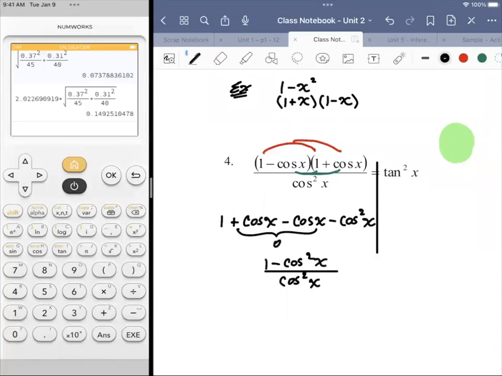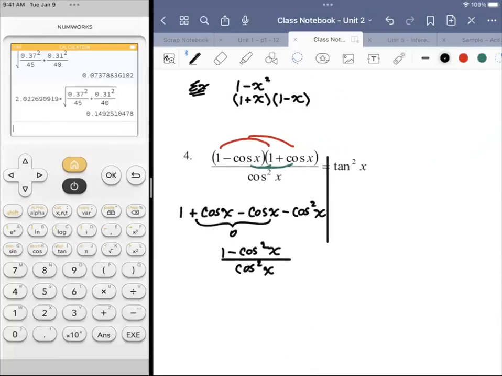So far, just algebra. We haven't applied a trig rule. Now, last class, I gave you a rule. We derived it, we came up with it together. That rule was that sine squared x is equal to 1 minus cosine squared x.